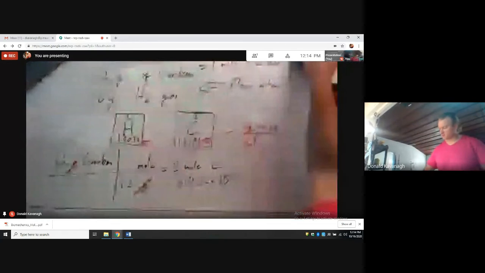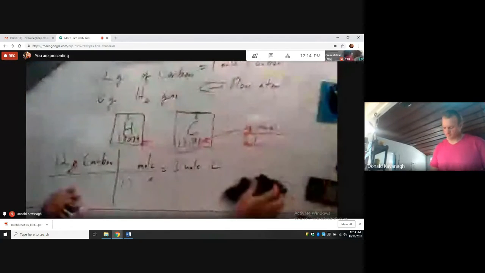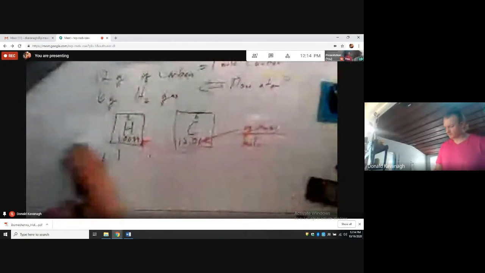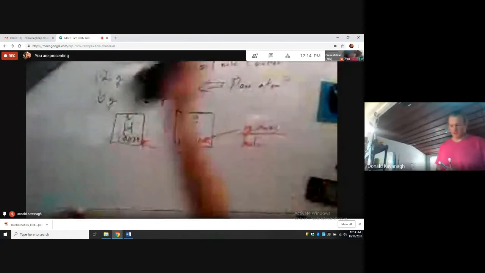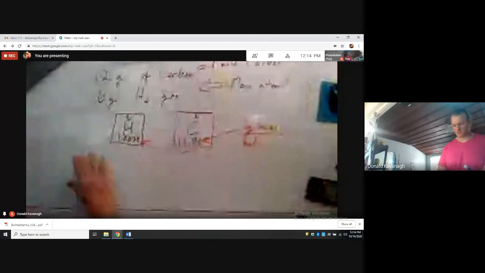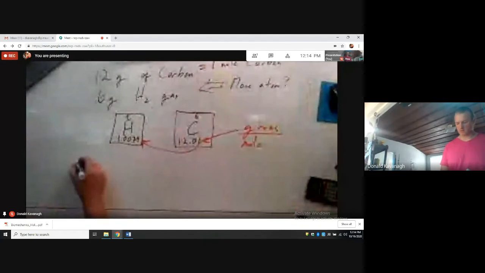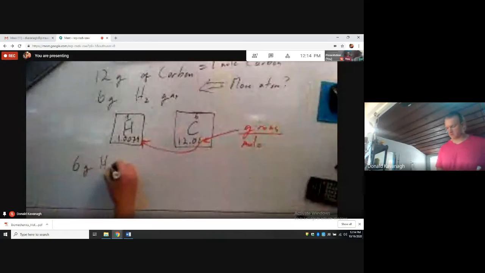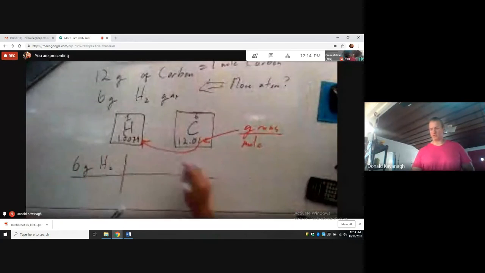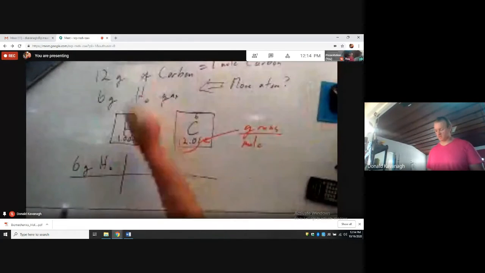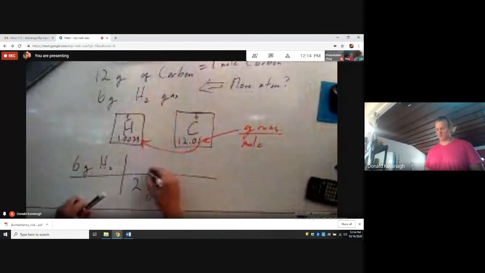Hydrogen gas, H2. By looking up the formula on the periodic table, there are 2 hydrogen atoms.